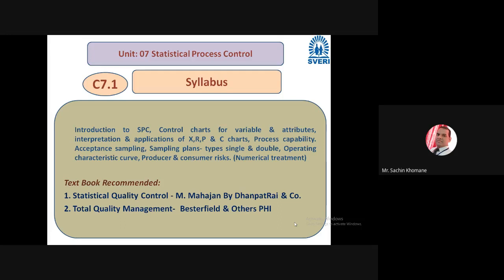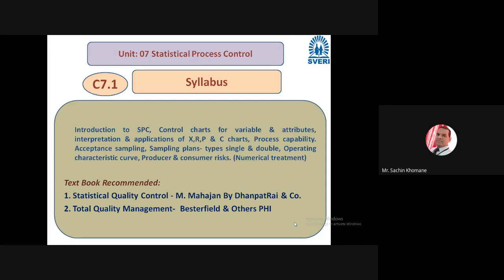So we have to correlate the meaning of control of quality here. In the title of the chapter I will elaborate once again what is the meaning of statistical process control. Its introduction part is there at the beginning. What is the statistics, what is the process, what is the control, then what are the advantages of this particular SPC. Its discussion will be there in the first bit.